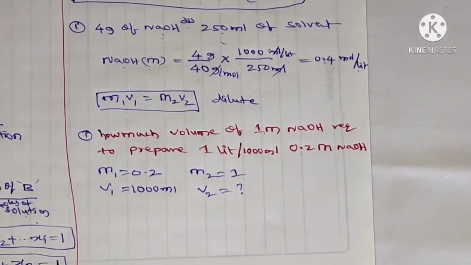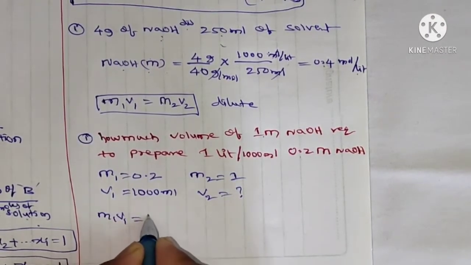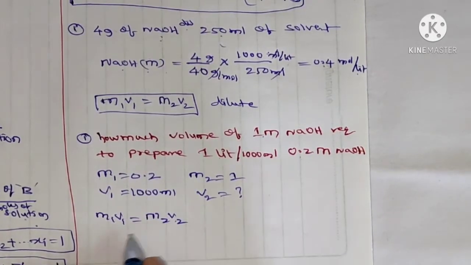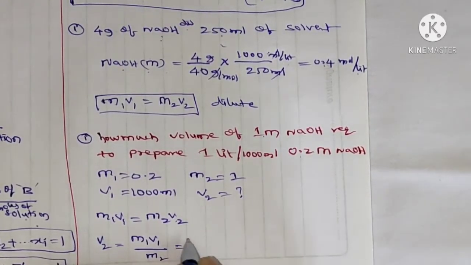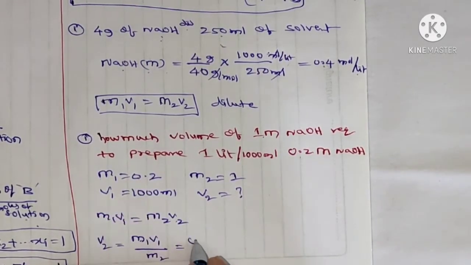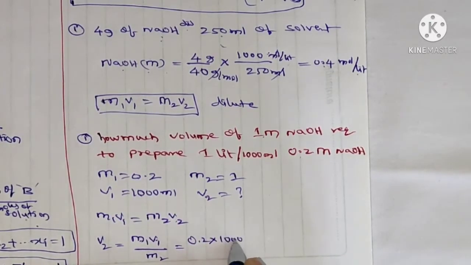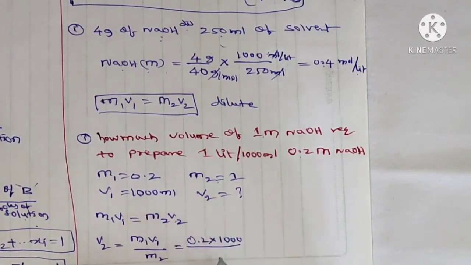So the formula is M1 V1 is equal to M2 V2. We need V2. So V2 is equal to M1 V1 by M2, which is 0.2 into 1000 ml divided by 1.